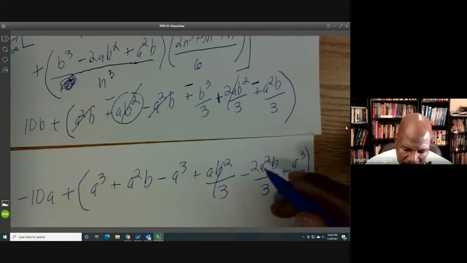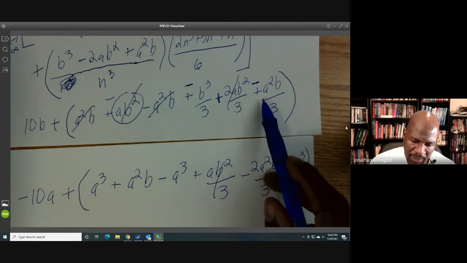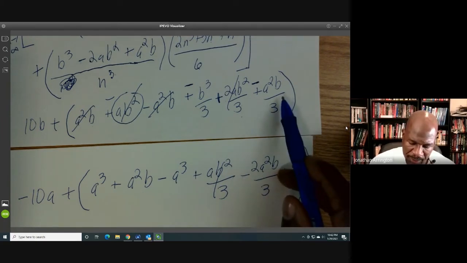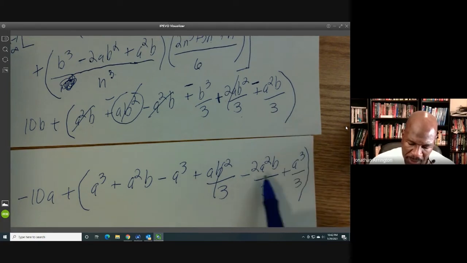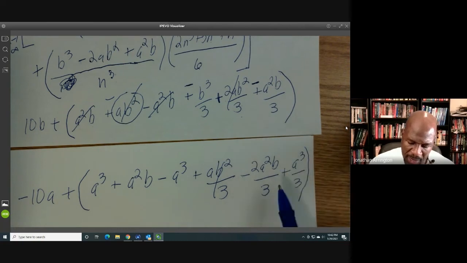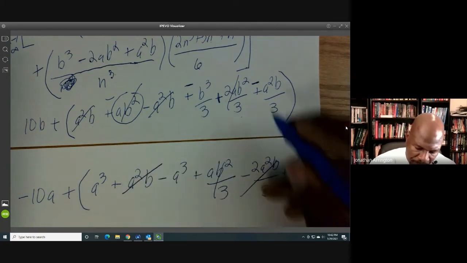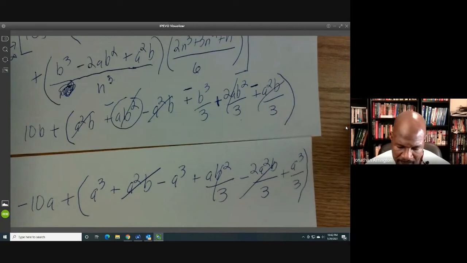And similarly, okay, here you have an a squared b. Okay, cool. Here you got a negative a squared b over 3 and a negative 2a squared b over 3. Add those together, you get negative 3a squared b over 3, which is just negative a squared b. And so that would cancel out the a squared b. All right, that cancels.